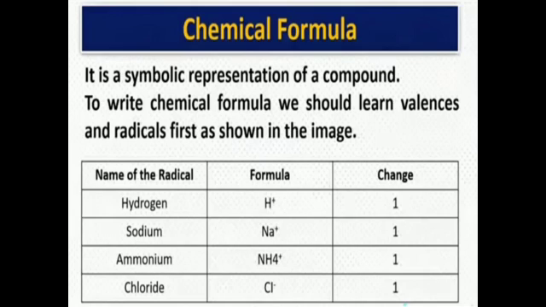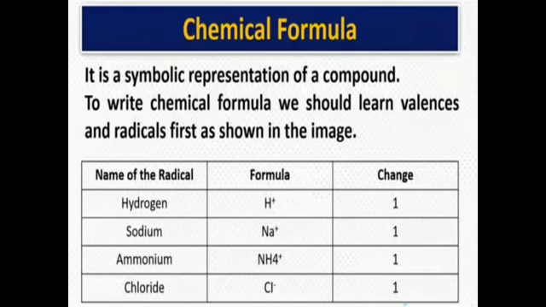Another example is sodium chloride. Sodium is a metal, chlorine is a non-metal. So we write sodium first, Na, and then chloride, that is Cl. Then iron sulfide. Iron is a metal, sulfur is a non-metal. So iron, that is Fe, then sulfide, that is S. Copper oxide. Copper is a metal, oxygen is again a non-metal.